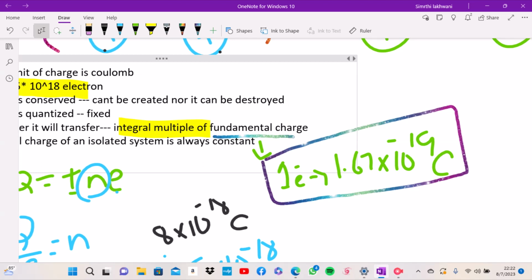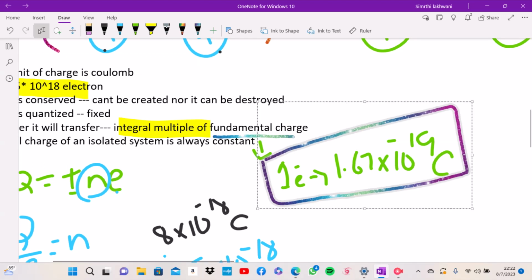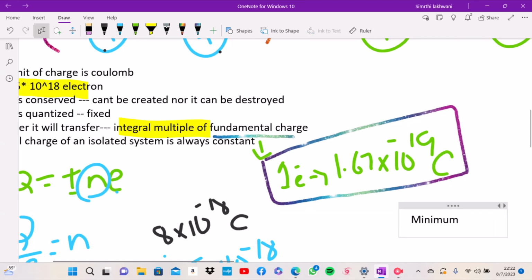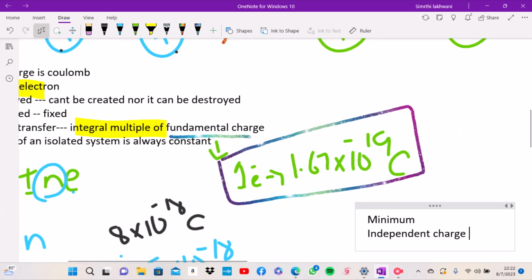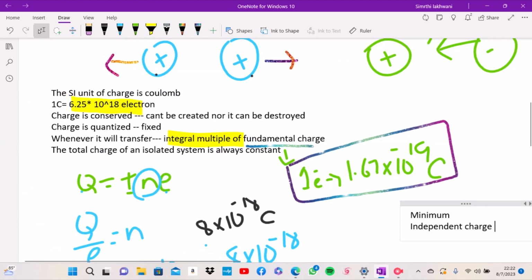Basically, the charge on one electron, which is 1.6 × 10^-19 coulomb, this value is known as the fundamental charge, and this is the minimum charge that can exist, or you can say the minimum independent charge.